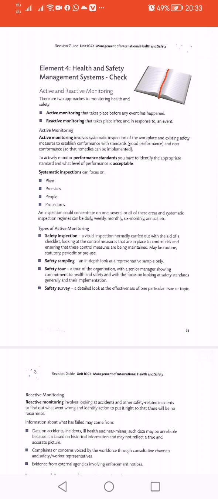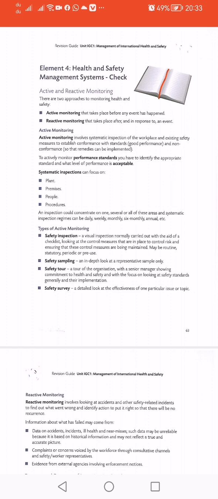During this period, any investigation you do to know the cause, what is the cause for that, is called the reactive approach, or reactive monitoring. So I'm going to deliberate on this topic one by one. On these two points, I'm going to explain what active monitoring is.